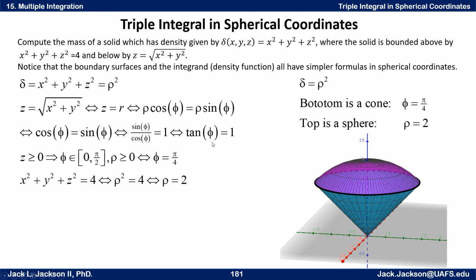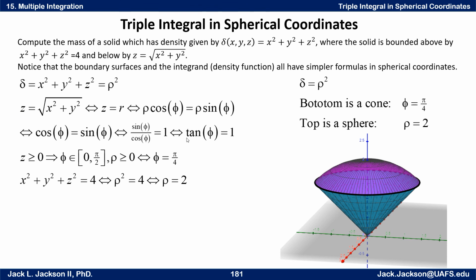Remember, phi runs from 0 to pi. In fact, here it's going to be between 0 and pi over 2, because z is a positive number.